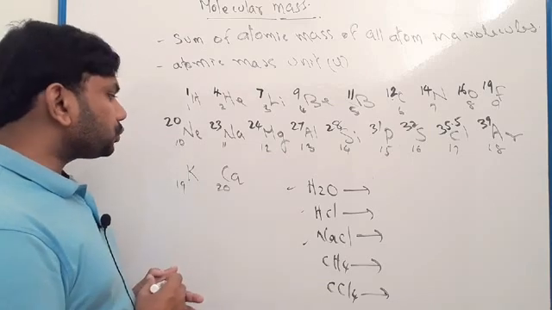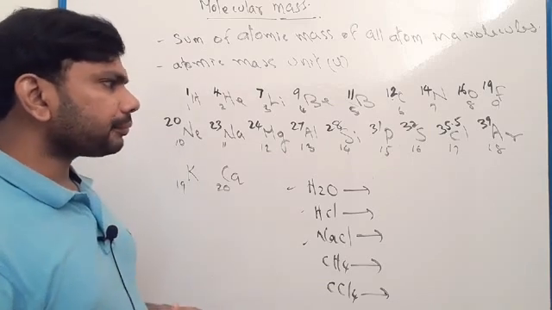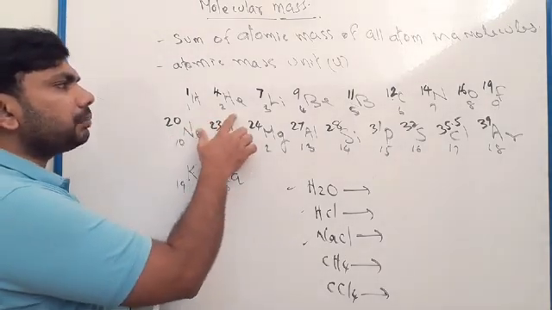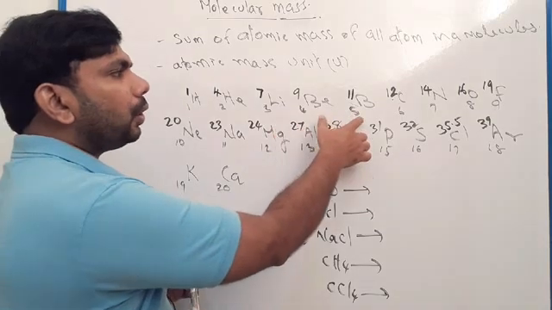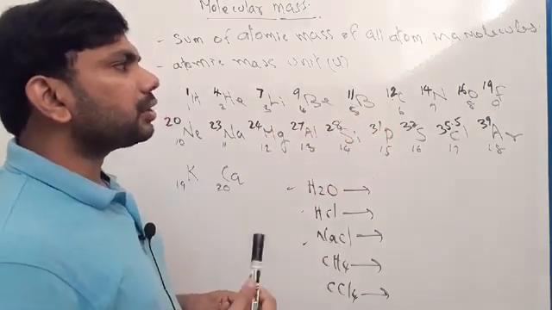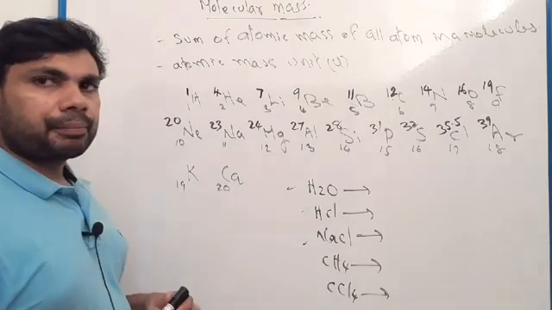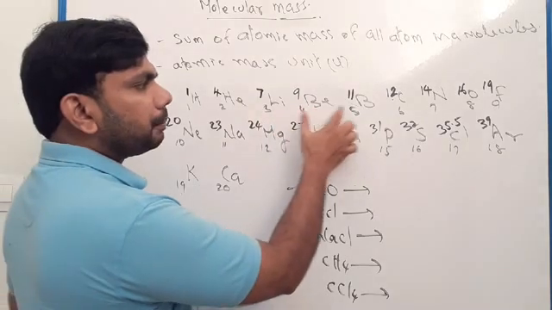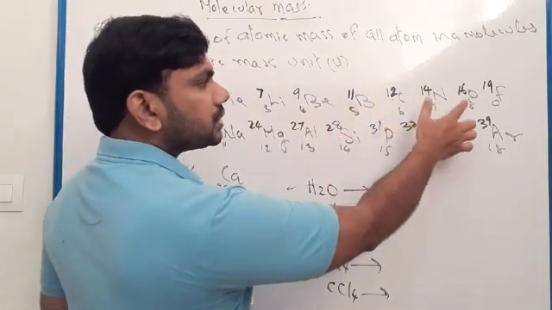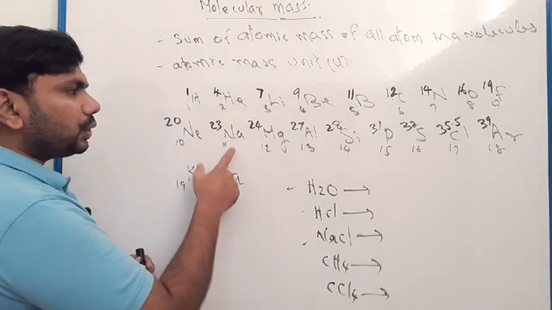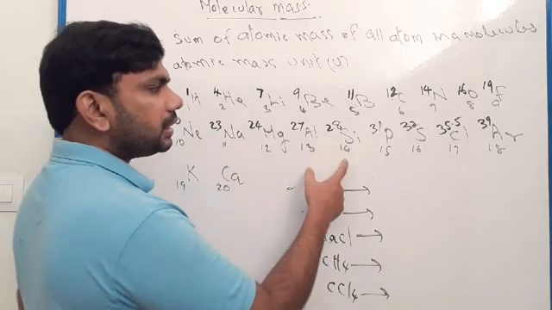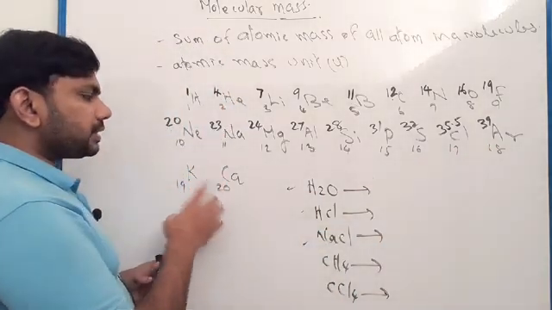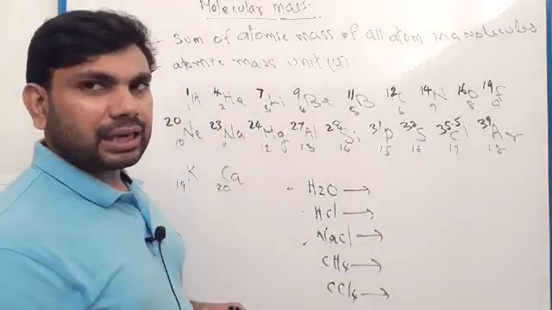Here: hydrogen, helium, lithium, beryllium, boron, carbon, nitrogen, oxygen, fluorine, neon, sodium, magnesium, aluminium, silicon, phosphorus, sulfur, chlorine, argon, potassium, calcium. These are the first 20 elements.